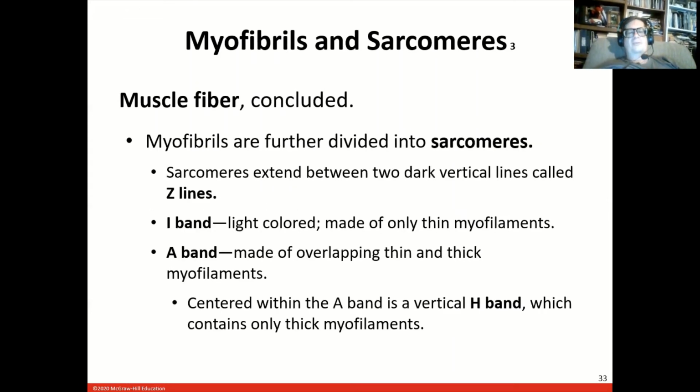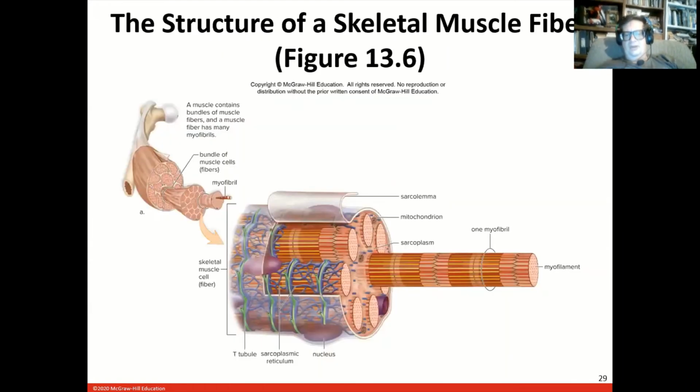So myofibrils are divided into sarcomeres. A sarcomere is the distance from one Z line to another Z line. Well, what am I talking about with Z lines? Let's go back. There's probably a picture coming up, but this would be a Z line right here. It is a place where you've only got actin. There's no myosin there at all, just actin.